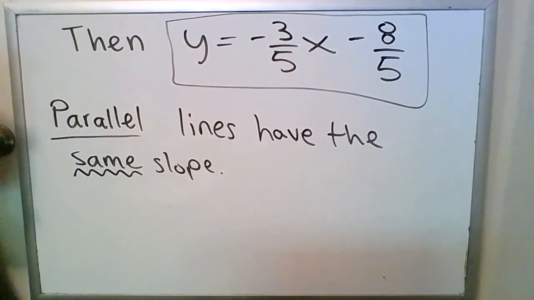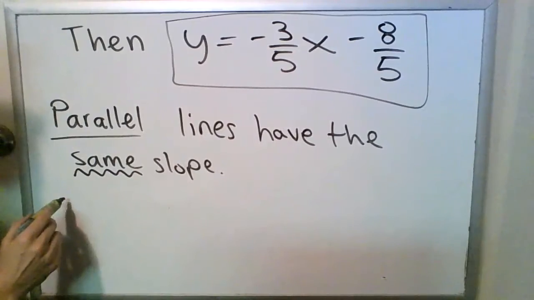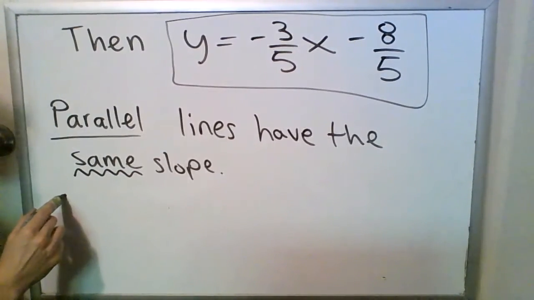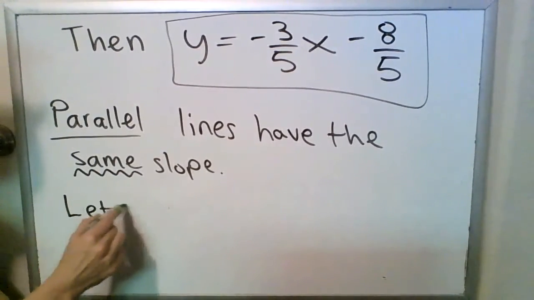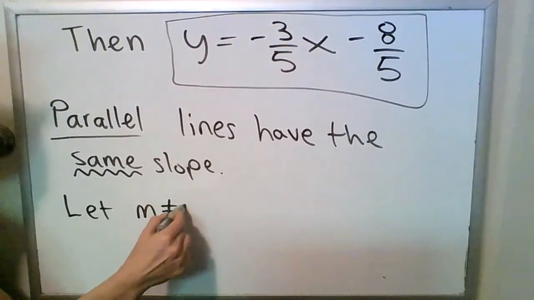For perpendicular lines, we're going to start with some instructions. We're going to let the slope not equal 0. Let m not be equal to 0.